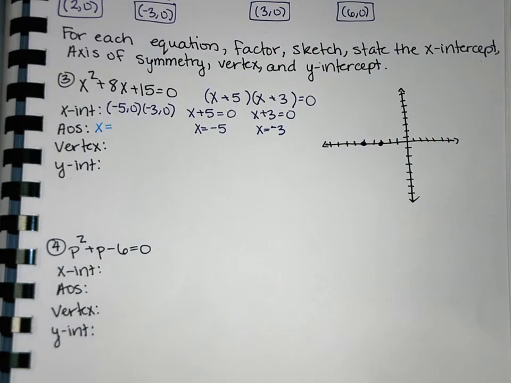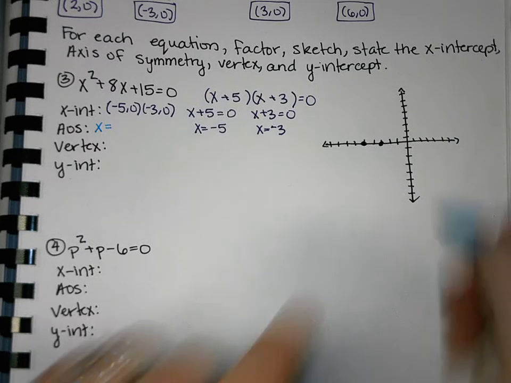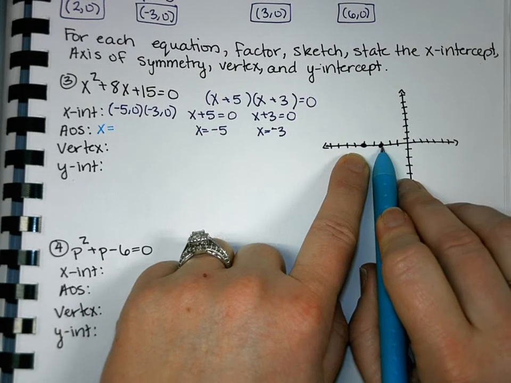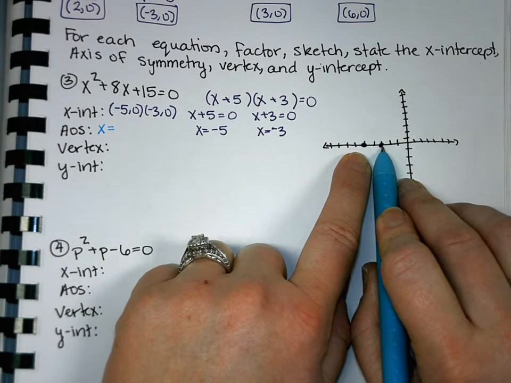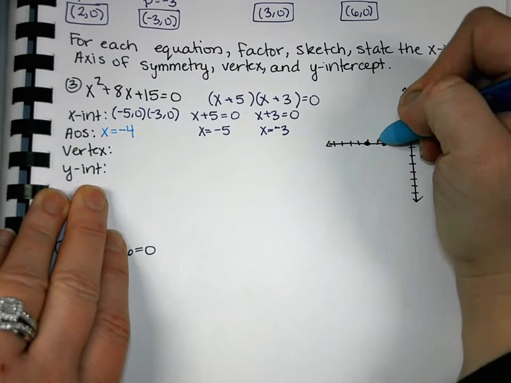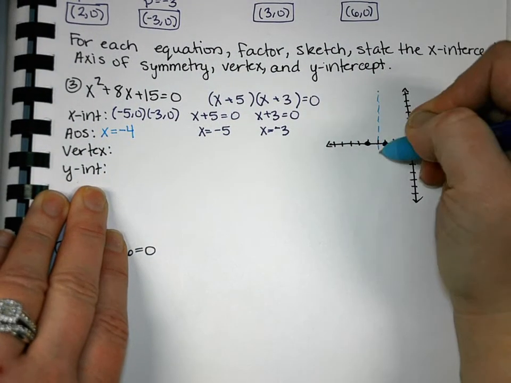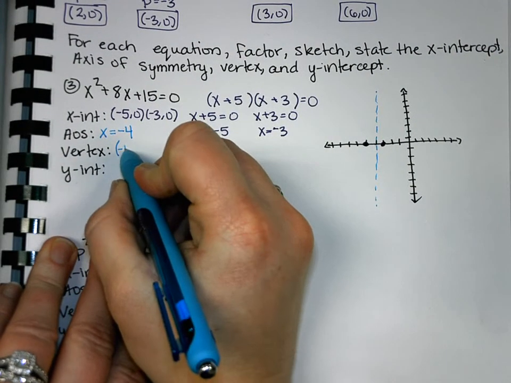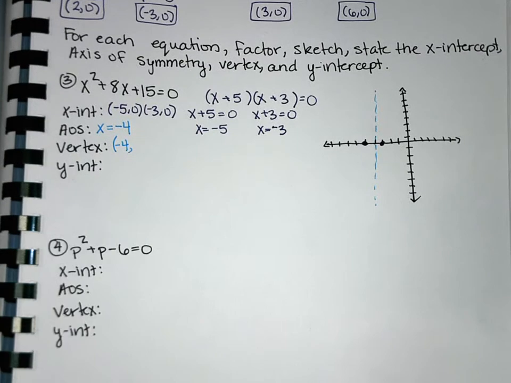Right in the middle, because that's how we found points, is we would go 1 or 2 to the right, find it, and then reflect it. So that means our axis of symmetry has to be right in the middle of these 2 points. So what x value is right in the middle? -4. There's your axis of symmetry. So I'm going to draw mine just so that I remember that it's on there. And that axis of symmetry, as Robert stated, is the x value of our vertex.